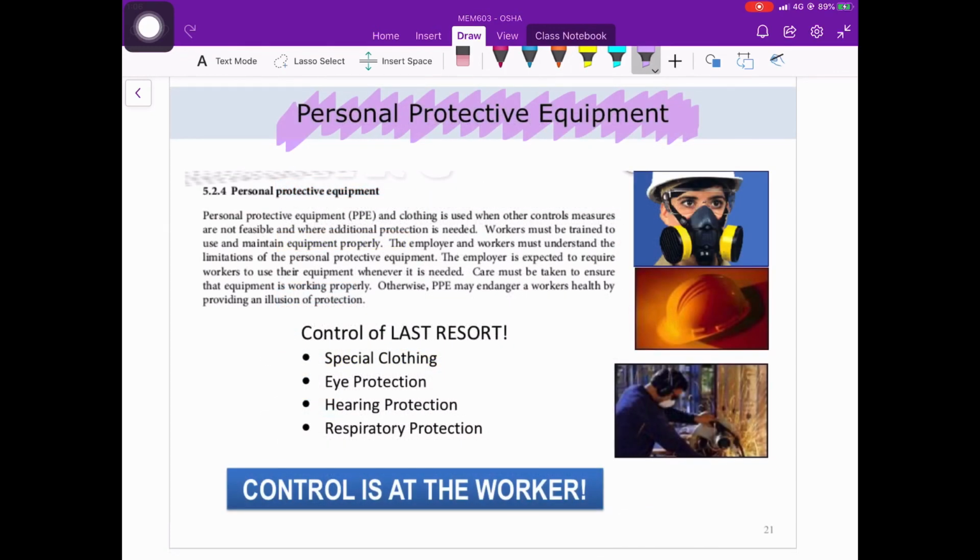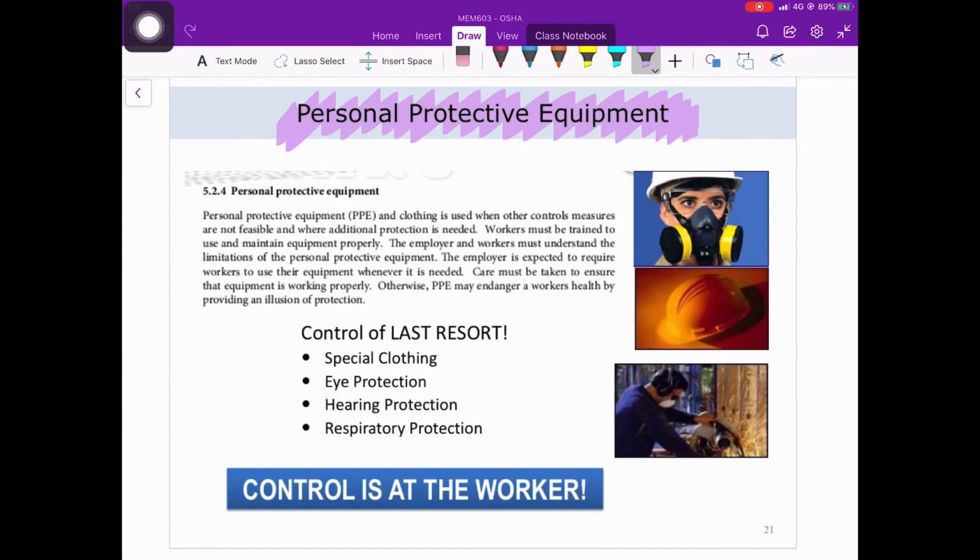Personal protective equipment (PPE). The control is at the workers. Personal protective equipment and clothing is used when other control measures are not feasible and where additional protection is needed. Workers must be trained to use and maintain equipment properly.